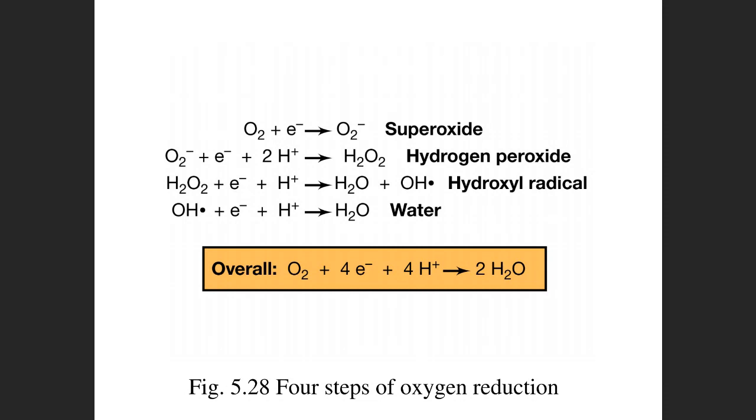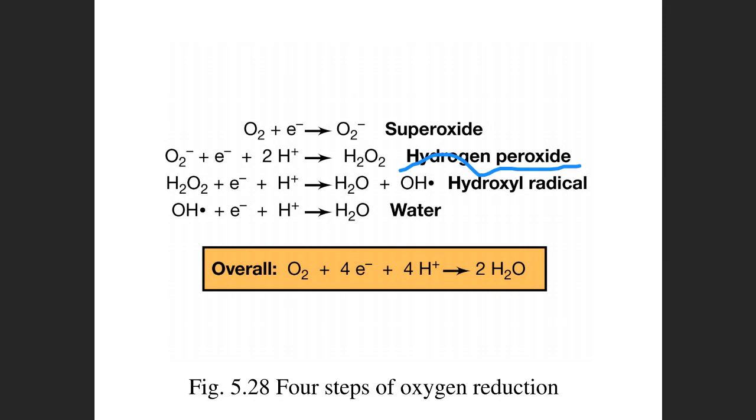And so these are 4 different steps of oxygen reduction, because these reactive oxygen species can actually react with DNA or other proteins in the cell and actually kill them, right? You recognize this particular molecule? Hydrogen peroxide. Yes, that's the molecule.